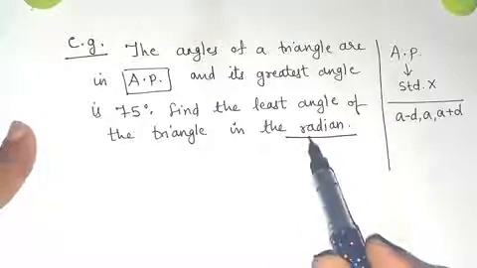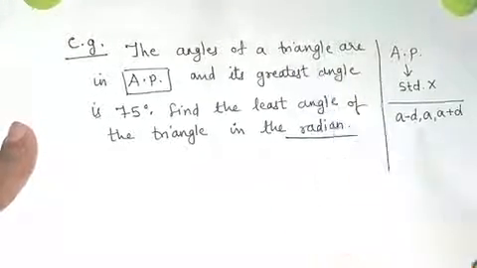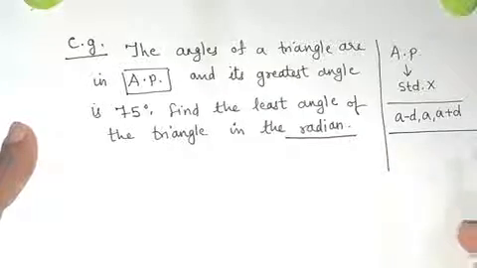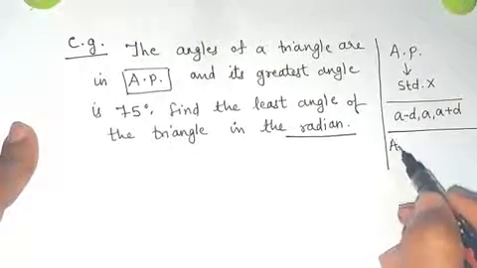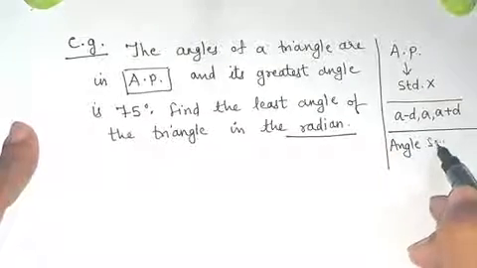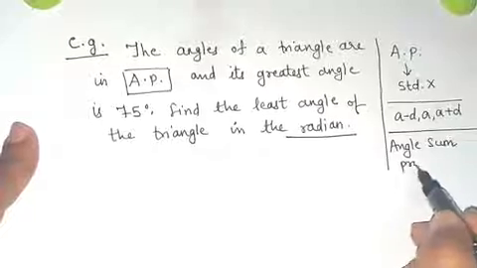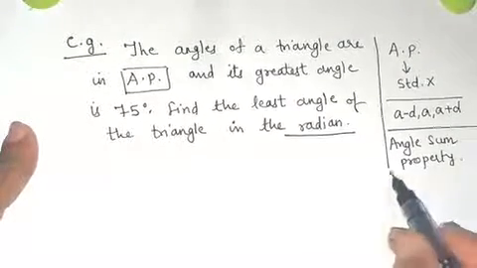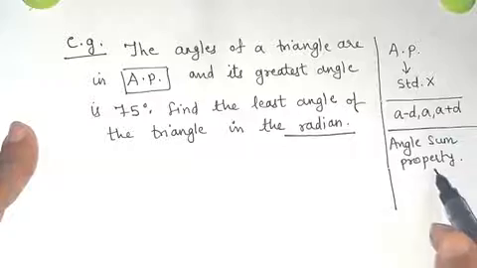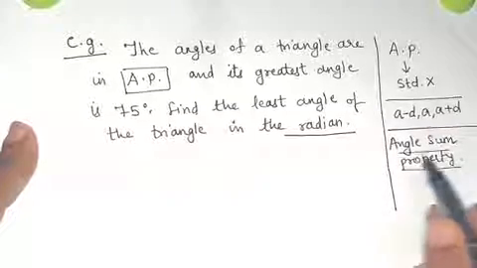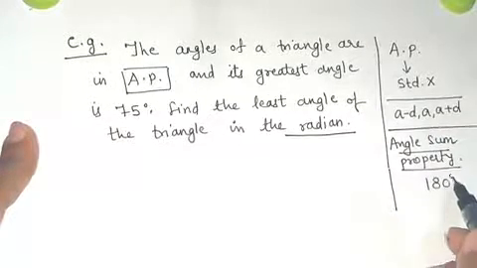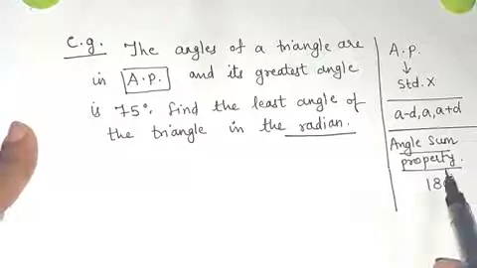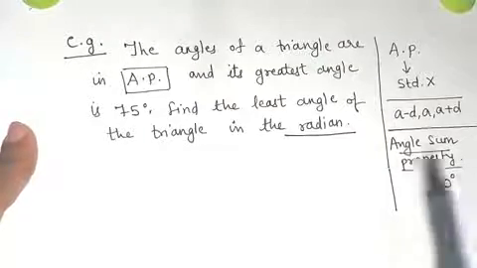So let's take a triangle. ट्राइंगल की कुछ बेसिक प्रॉपर्टीज़ आपको पता है, जैसे एंगल सम प्रॉपर्टी, 6th क्लास से पढ़नी स्टार्ट कर देते हैं हम, where it is given that the sum of 3 angles of a triangle is 180 degree. Now 2 common things are there.